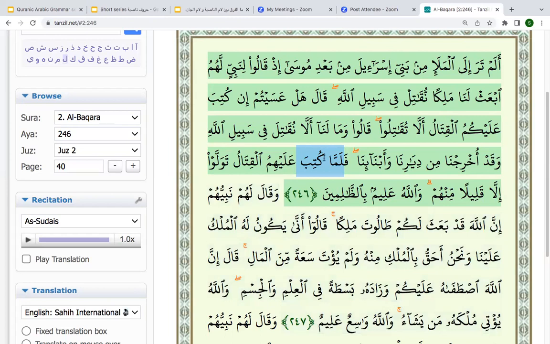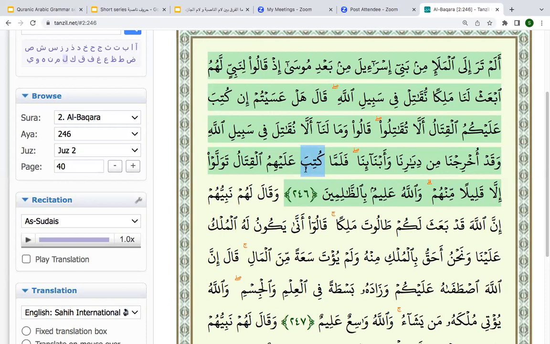Fail madin majhul, right? It can be majhul form too. It does not matter, right? Where is my jumla shartiya ending? Where is the jumla shartiya ending?